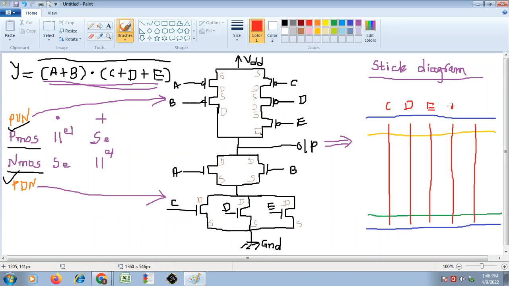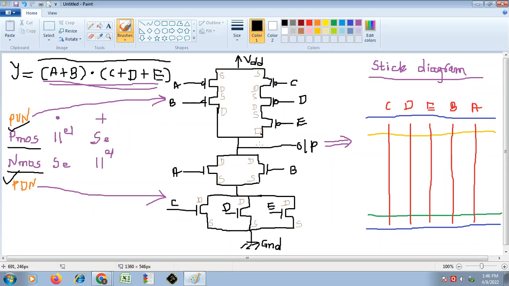This one as B and this one as A, right? See, why have I made this change? Because we have to connect this stick diagram and we have to take the common terminals together, right? The motive behind changing this is that we have to consider the common terminals together in case of stick diagram, and that's why we are doing this.